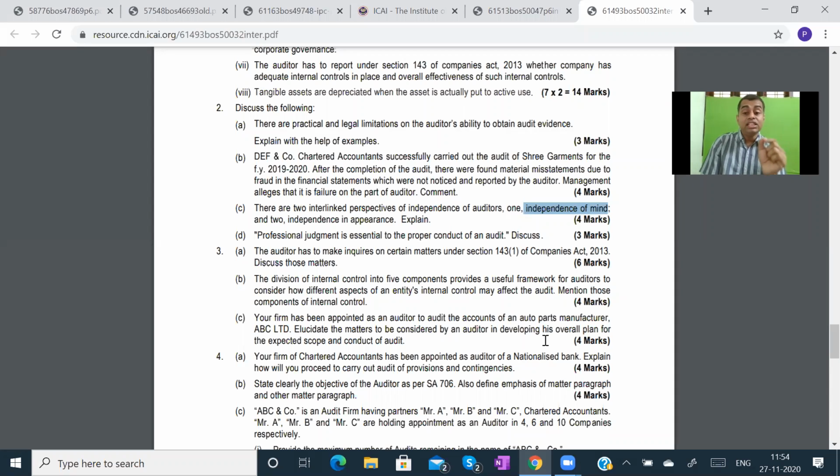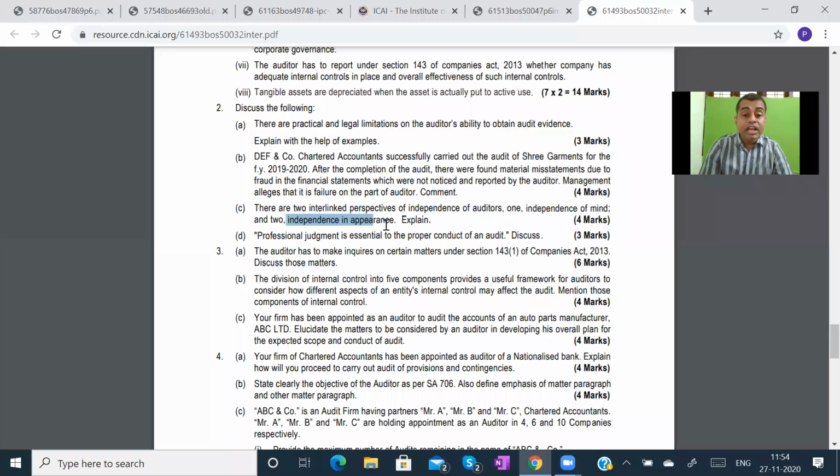Auditor's opinions shall not be influenced by, or subordinate to, any other pressure or any other's influence. This is called independence of mind. So independence is a state of mind wherein the auditor's opinions are not influenced.